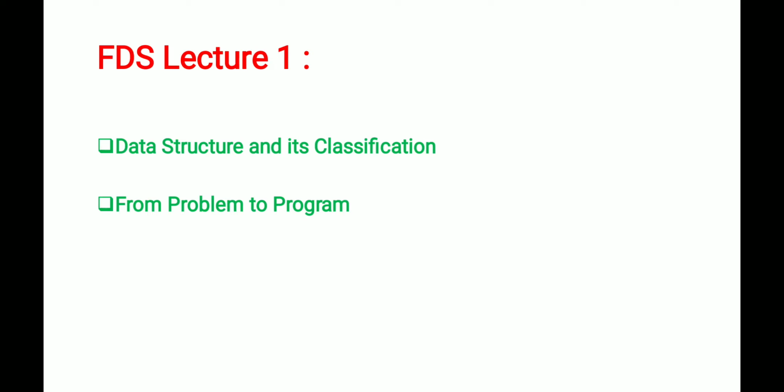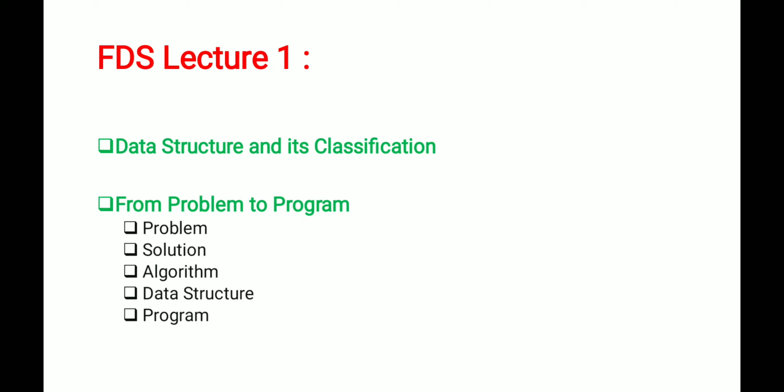To convert a particular problem to the program, the concepts we need to learn are problem, solutions, algorithm, data structure and a program. To convert the problem to the program, we have to follow these 5 steps. Now let's go to lecture 1, the first topic, data structure and its classification.